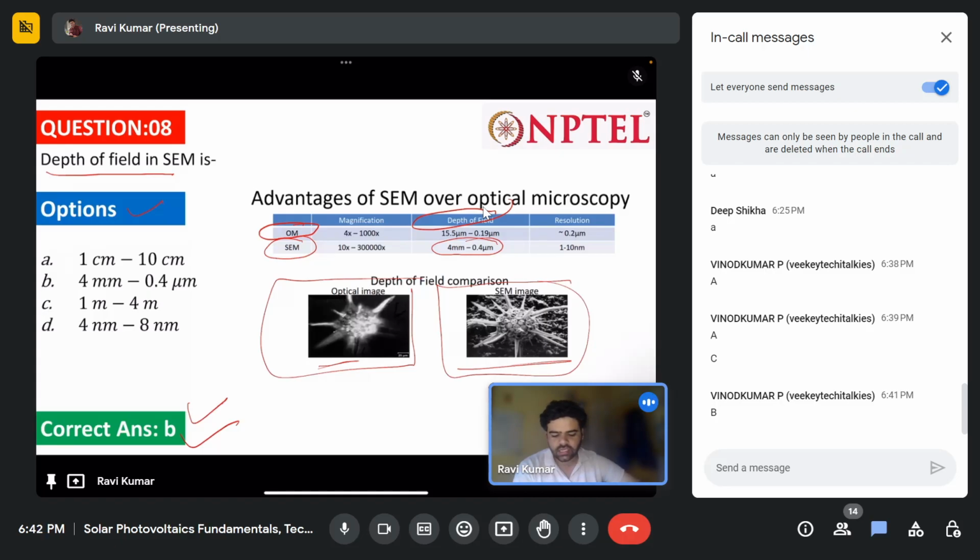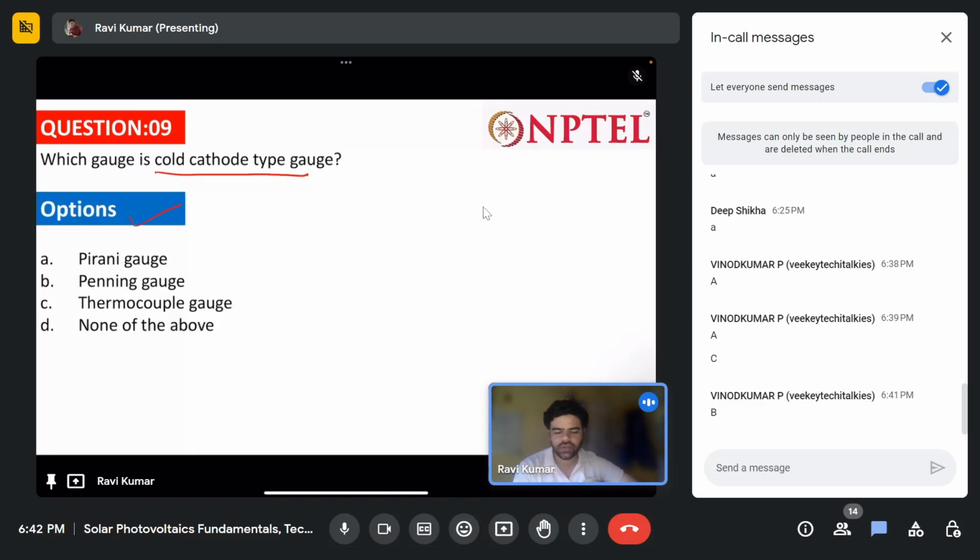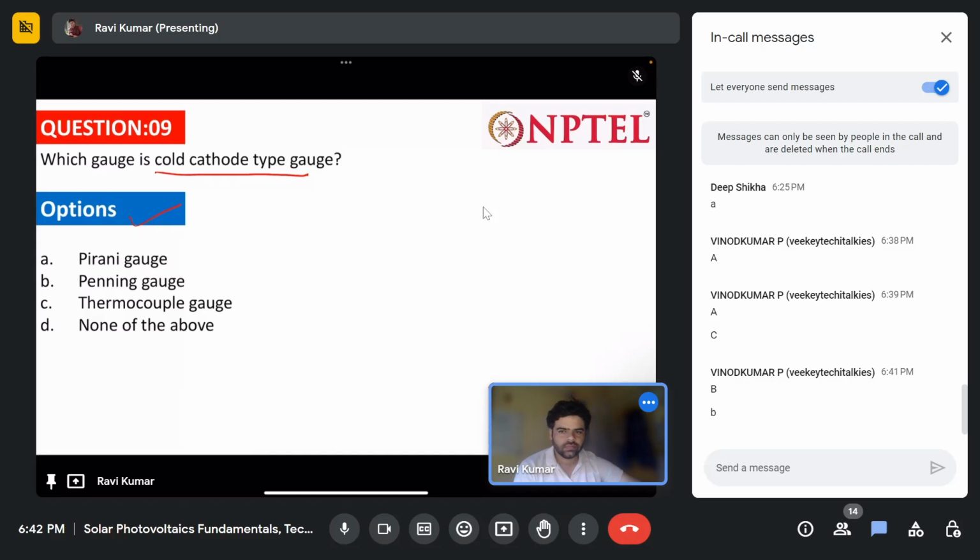Next question, which says which gauge is a cold cathode type gauge? We have just seen the video, so you can answer based on the video. Is it Pirani, Penning, thermocouple, or none of the above? B, Penning.